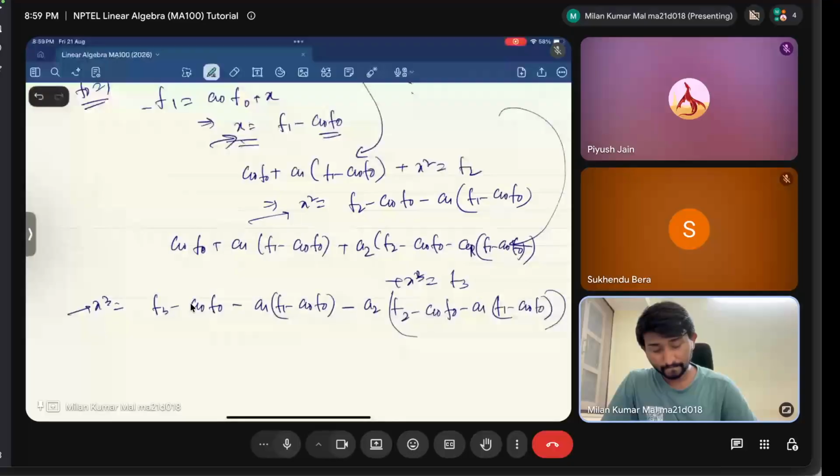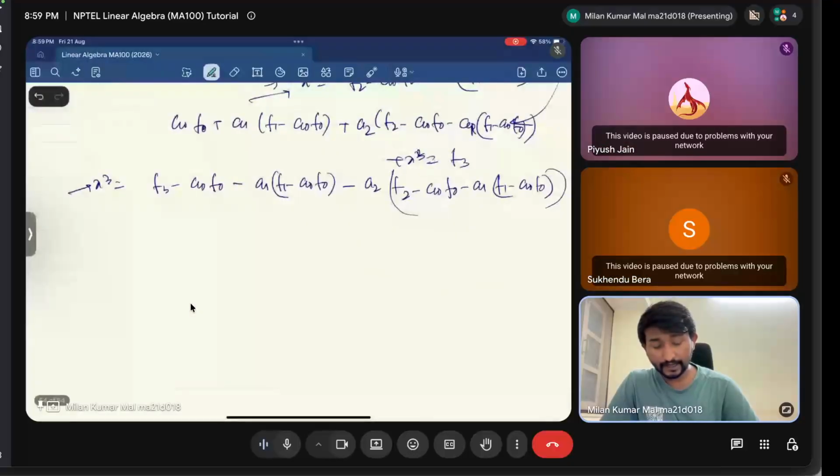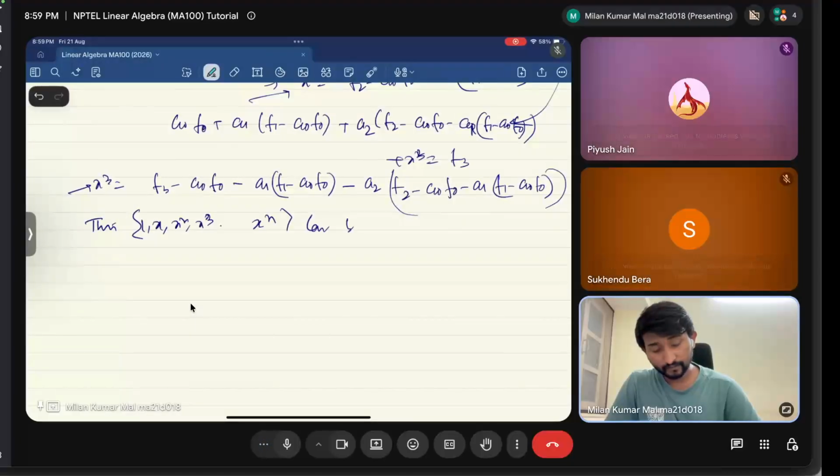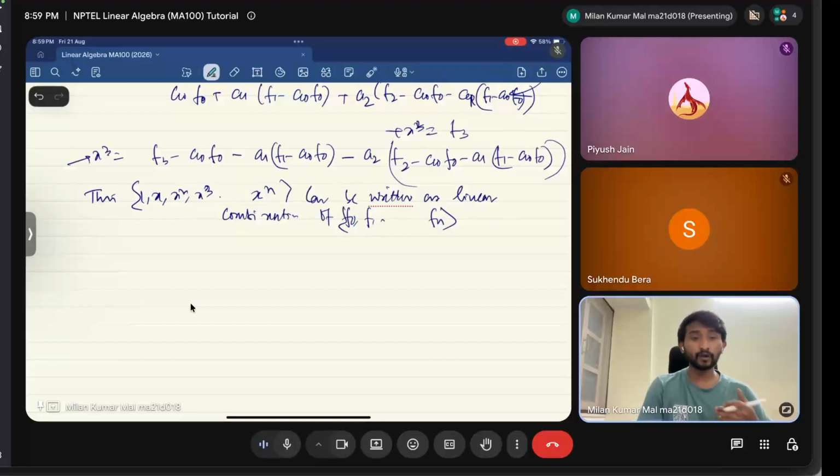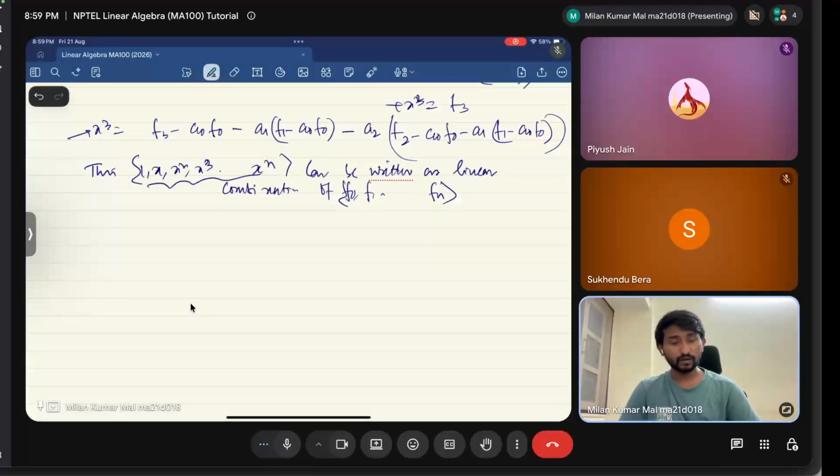Thus 1, x, x square, x cube, all the way to x to the power n can be written as a linear combination of f0, f1, all the way to fn, if f0, f1, fn are monic polynomials of degree n. But this is the spanning set of the space of all polynomials of degree less than or equal to n, right?